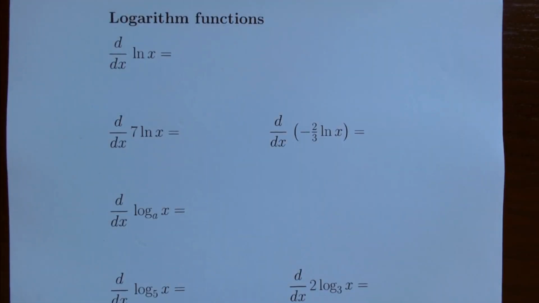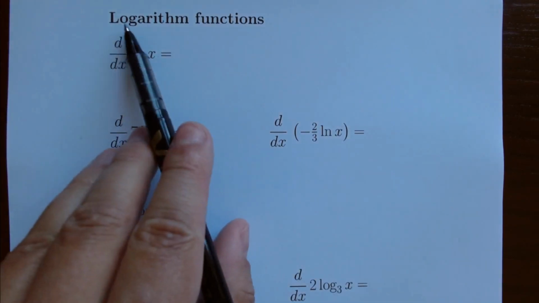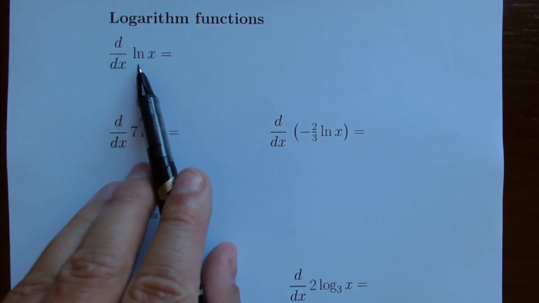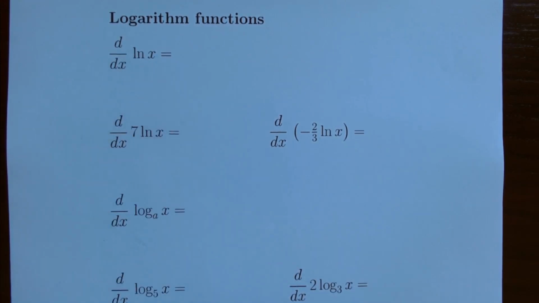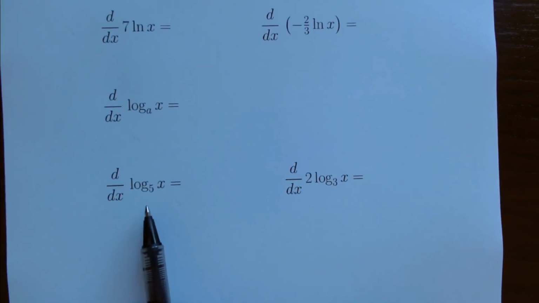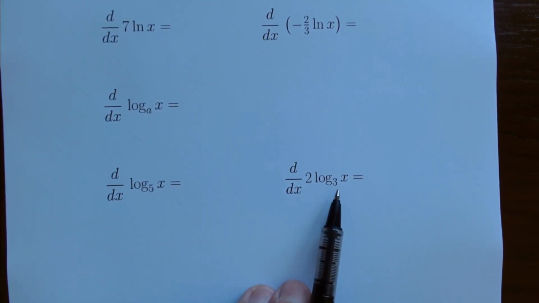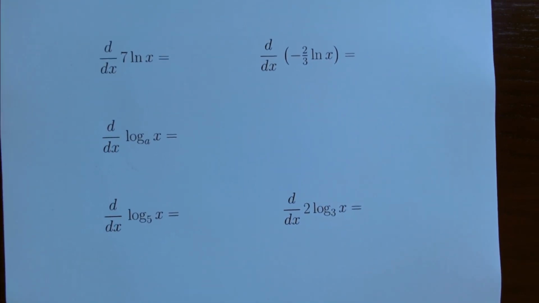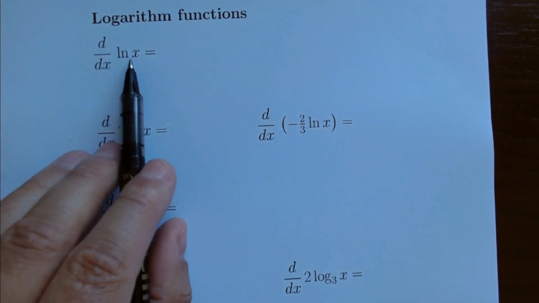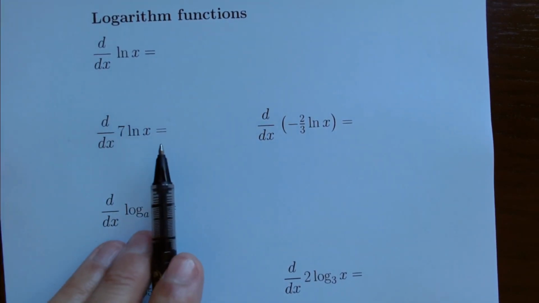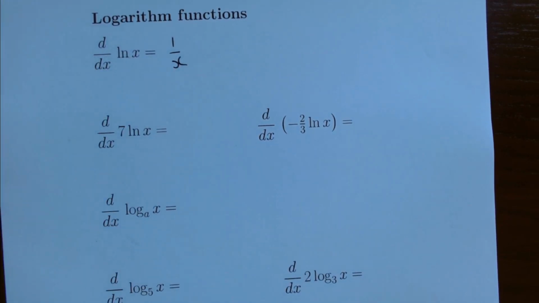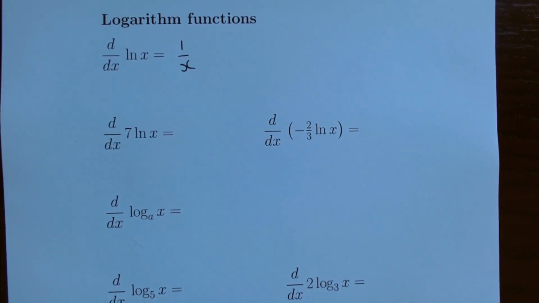Okay, next we're going to differentiate logarithm functions, and there'll be two types. You're going to have the natural logarithm, ln x, and also general logarithms, log, say, to the base 5 or base 3, or in general base a. The natural logarithm, ln x, the derivative is 1 over x. That's all there is to it.